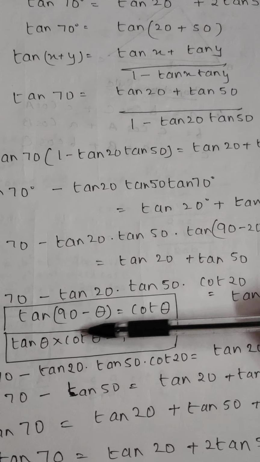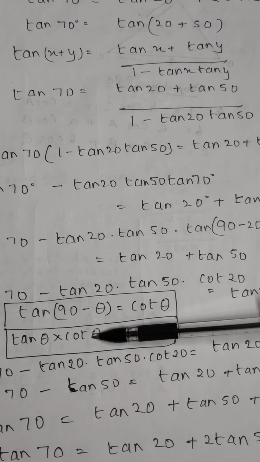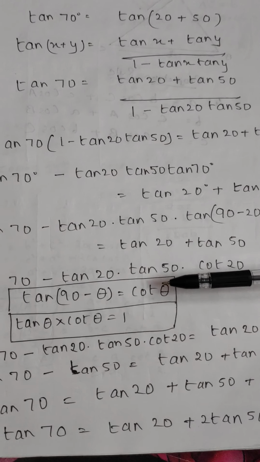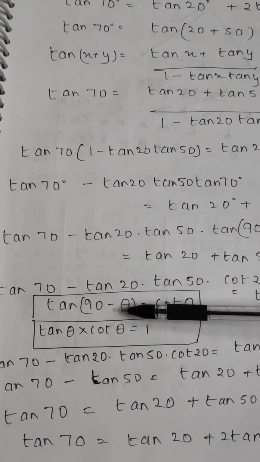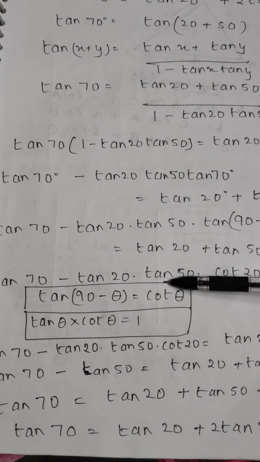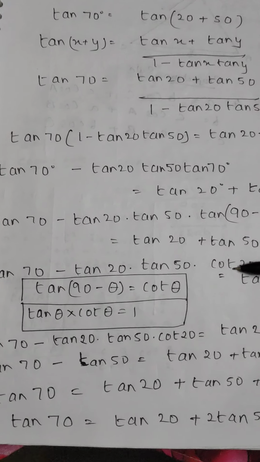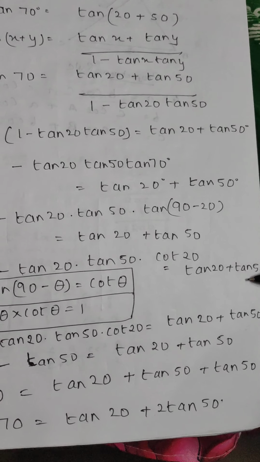We also know that tan and cot are reciprocals of each other, so tan theta into cot theta will become equal to 1. So this side will become tan 70 minus tan 20 tan 50 cot 20 is equal to tan 20 plus tan 50.